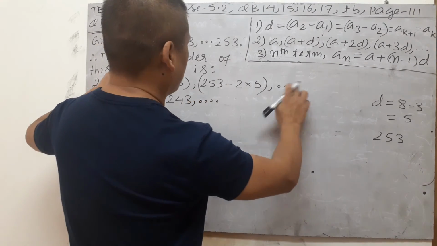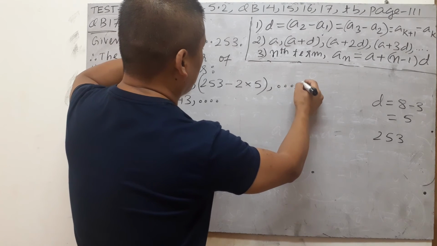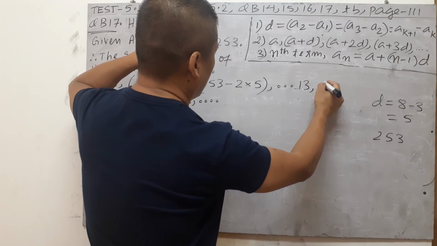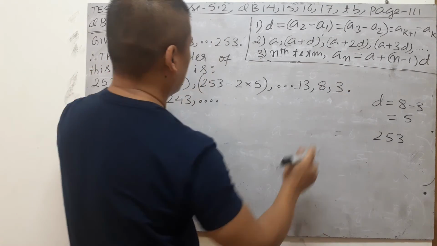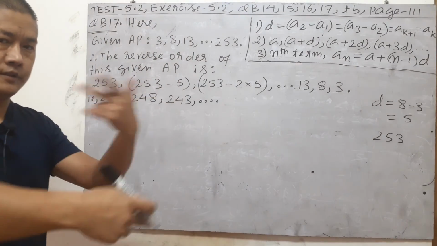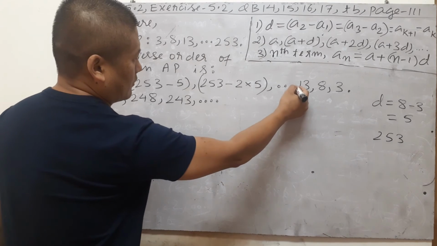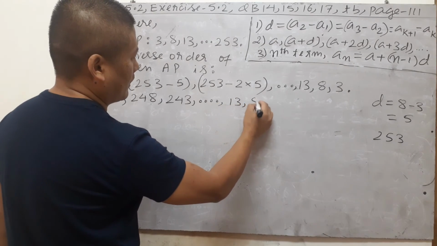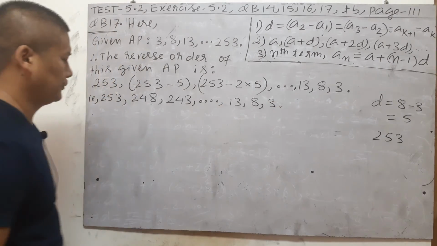Then the third term will become the last third term, the second term of the original AP will become the last second, and the last term will become 3. So that is the reverse AP: 13, 8, and 3, the last term.